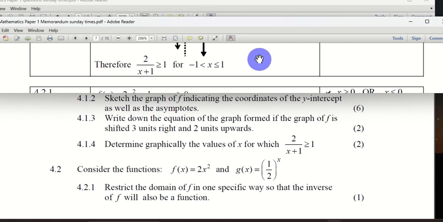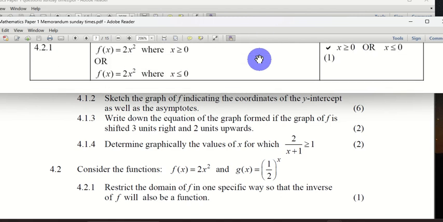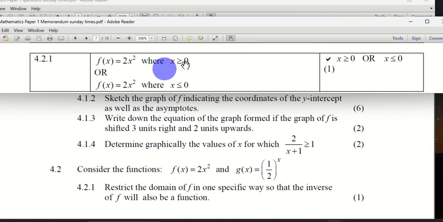Okay, let's go look at the memo answer. You can either say x needs to be greater than or equal to 0, or x needs to be less than or equal to 0. Any one of those is correct. Simple answer. One more.